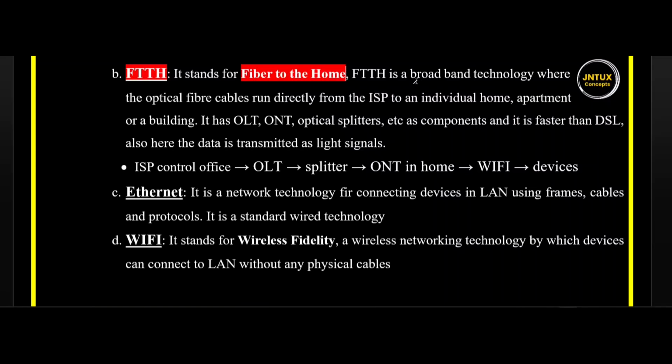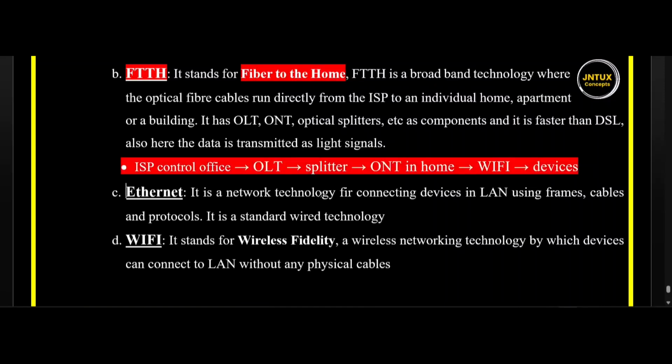As we have seen in DSL, the data can be transmitted through copper wires, but here it is transmitted using light signals. So the flow of internet or the light signals happens in this way: ISP control office to OLT, then the splitter, then the ONT in home, then the Wi-Fi, and then it reaches the devices.